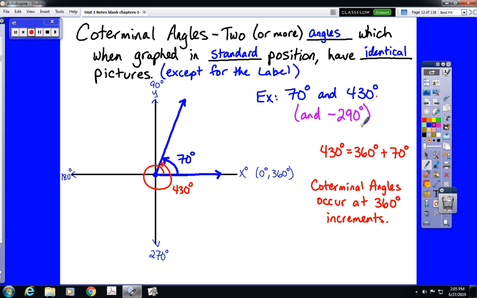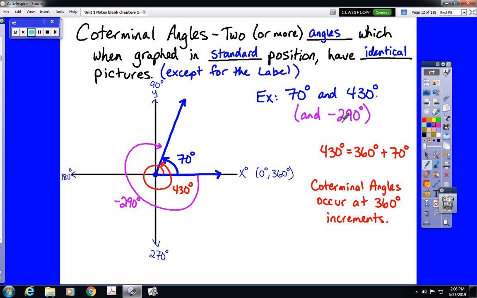And again, we can show that with another arrow rotating in the opposite direction and labeled with negative 290 degrees. All three of these angles, 70, 430, and negative 290, have the same picture when drawn in standard position. The only difference will be the label.